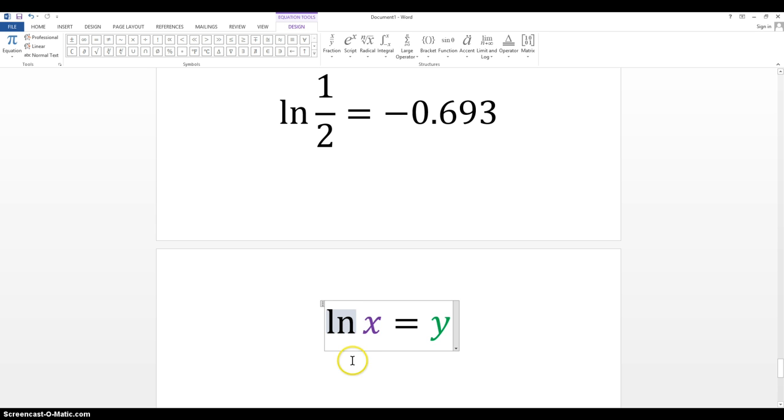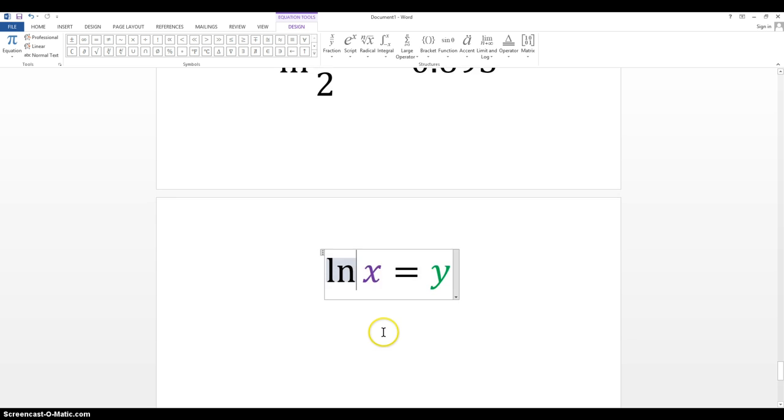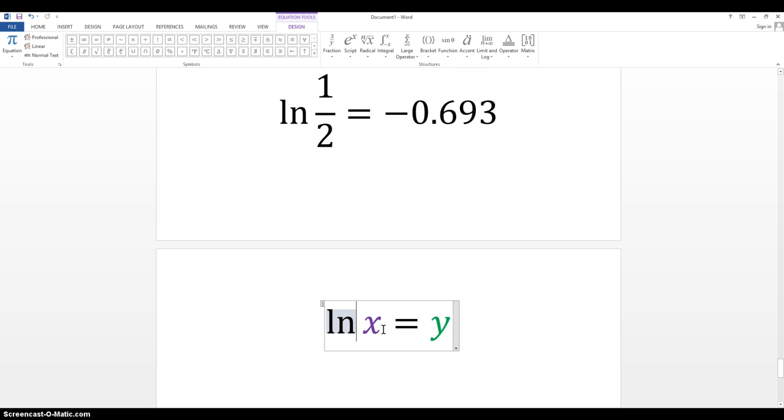Okay, so even though you don't see it, we know that all natural logs have bases of what? E, exactly. So what you need to do is remember that you have a base A, so there is an A right here underneath.